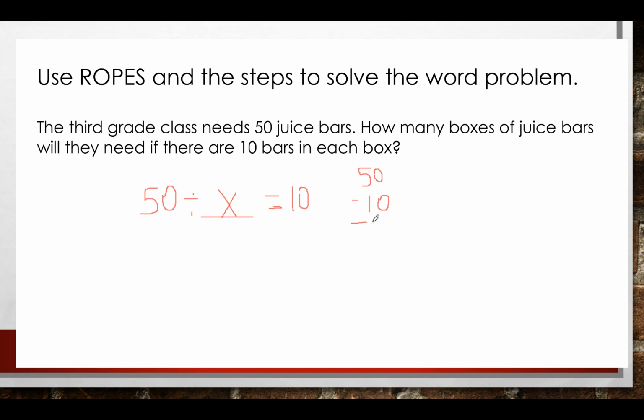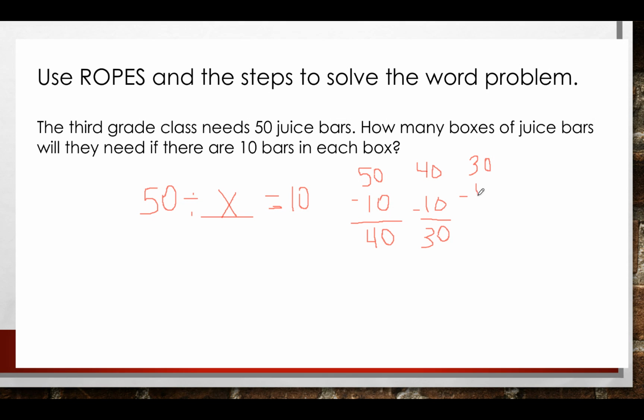All right, so 50 minus 10 equals 40. So we did that one time. So we come over here and we're going to subtract it again. So 40 minus 10 more bars that's in another box, that would give us 30. All right, so then we go over here and we write 30 minus 10.